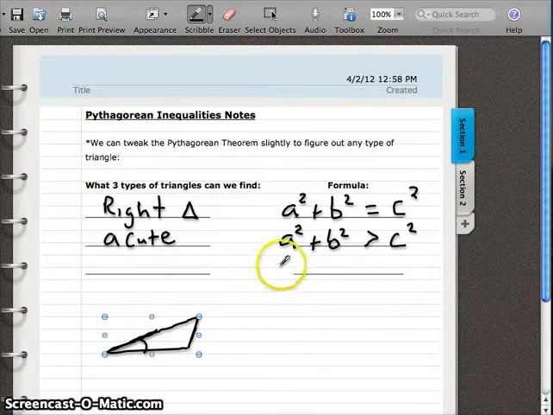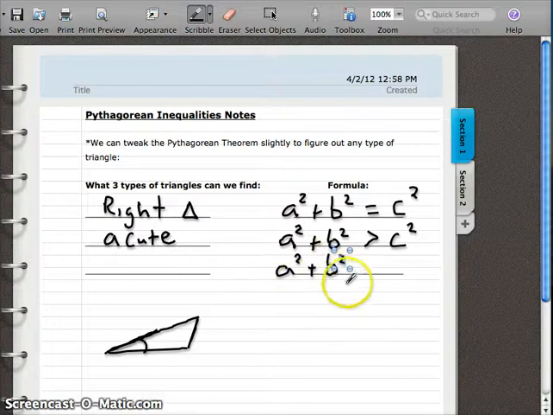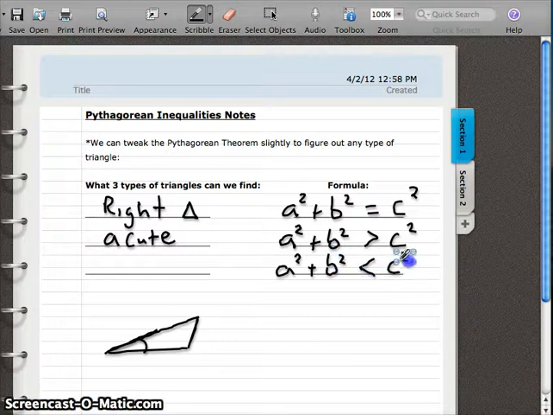And by comparison, if we do the exact same thing, if we square each of the smaller legs there and add it together, and if we square the hypotenuse and that hypotenuse squared is bigger or greater than the legs squared and added together, then we have a big triangle. We have an obtuse triangle.